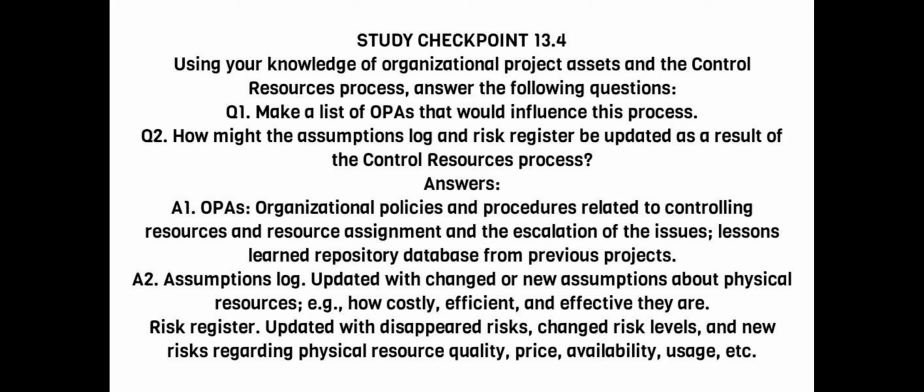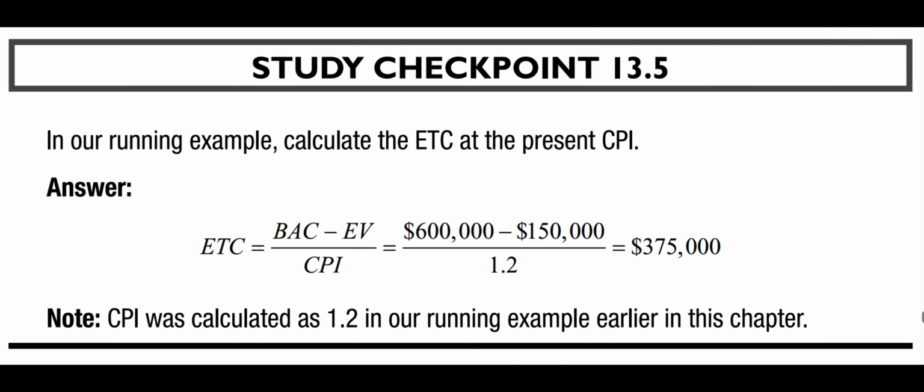A2. Assumptions log. Updated with changed or new assumptions about physical resources, e.g., how costly, efficient, and effective they are. Risk register. Updated with disappeared risks, changed risk levels, and new risks regarding physical resource quality, price, availability, usage, etc. Study checkpoint 13.5.